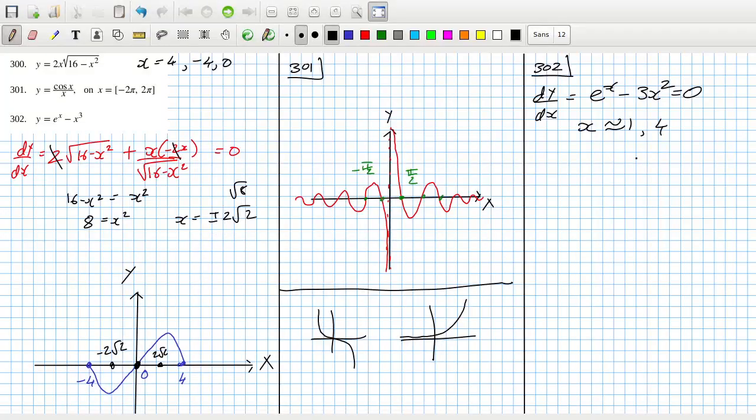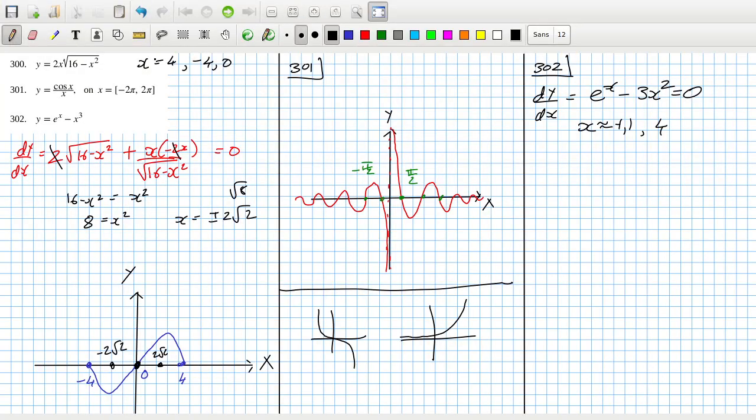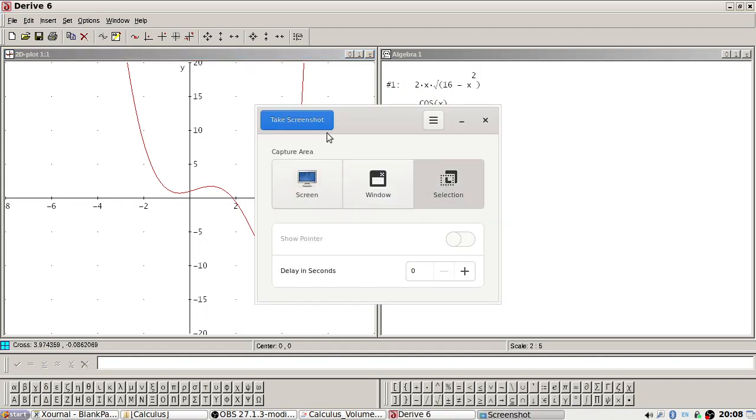And also here, about -1. It's not exact: -1, 1 and 4. You see, this is why I was having trouble drawing it, because how am I supposed to solve this?